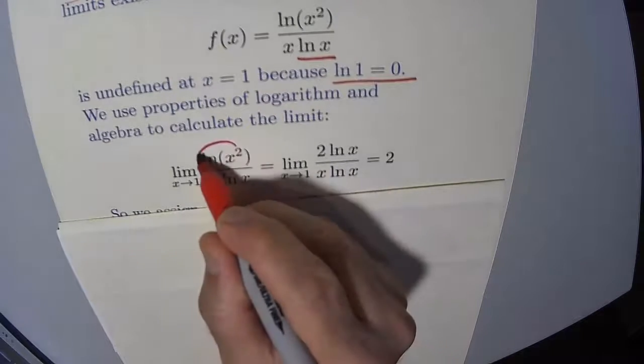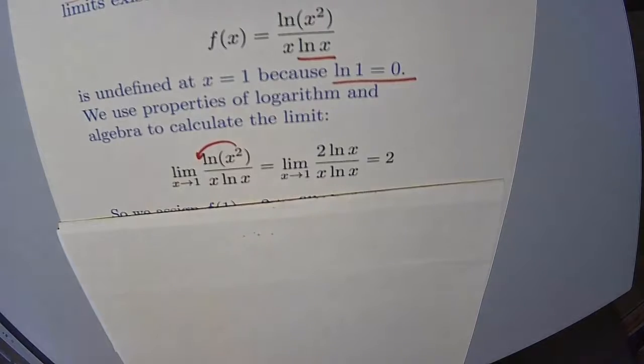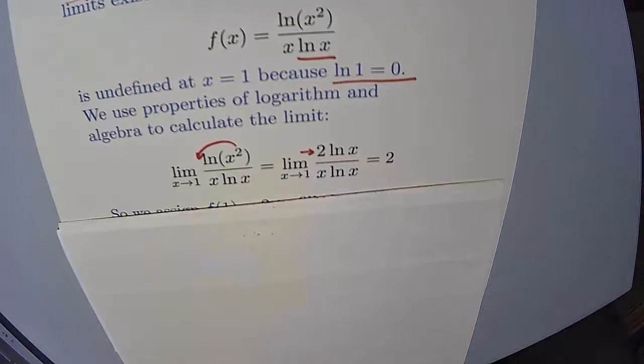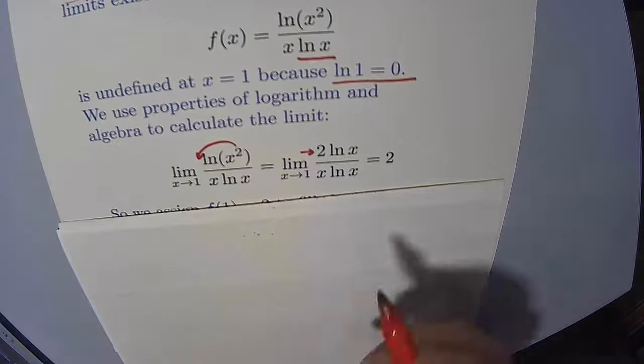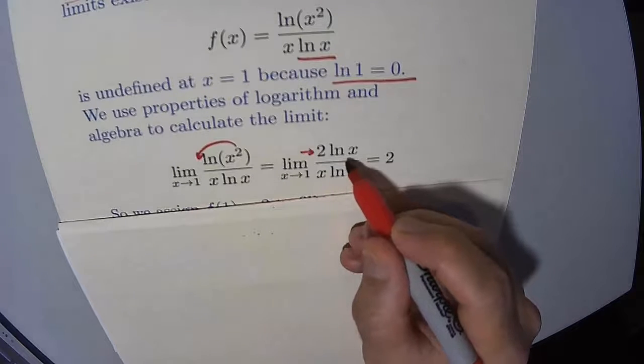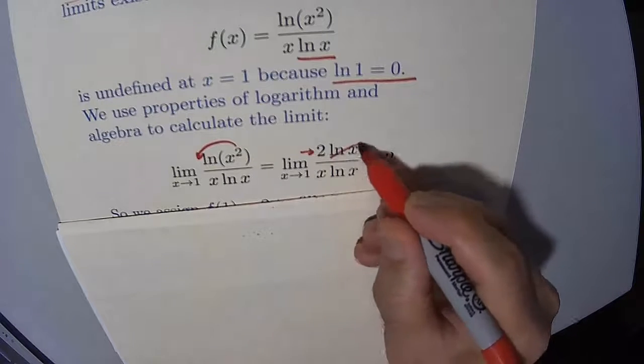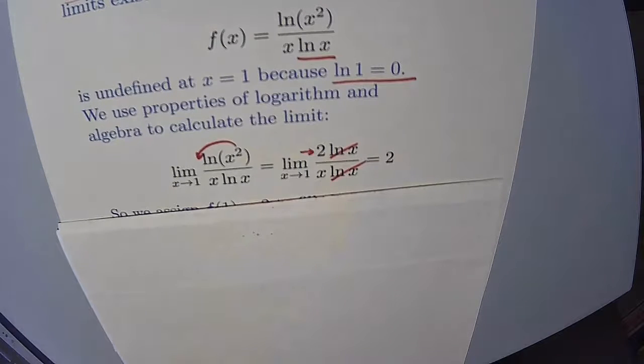I can pull out the power 2 and make it a coefficient here. That way I get 2 ln x instead of ln x squared, which is a good thing because now I can cancel the ln's and that way get rid of what was causing the 0 in the denominator.